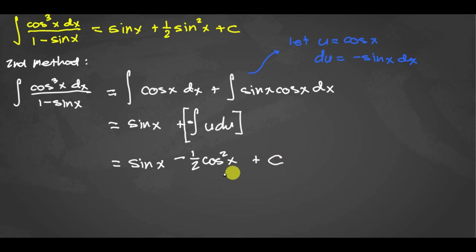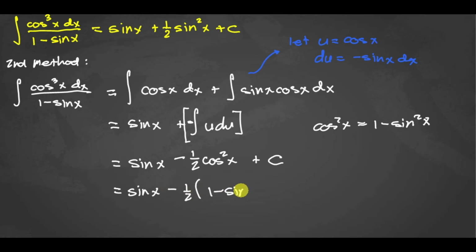Now, our final answer is also equivalent to our previous answer. If we expand this, we already know that cos²x is equivalent to 1 - sin²x. So, rewriting our final answer as sin x minus 1/2 multiplied by (1 - sin²x) plus c.